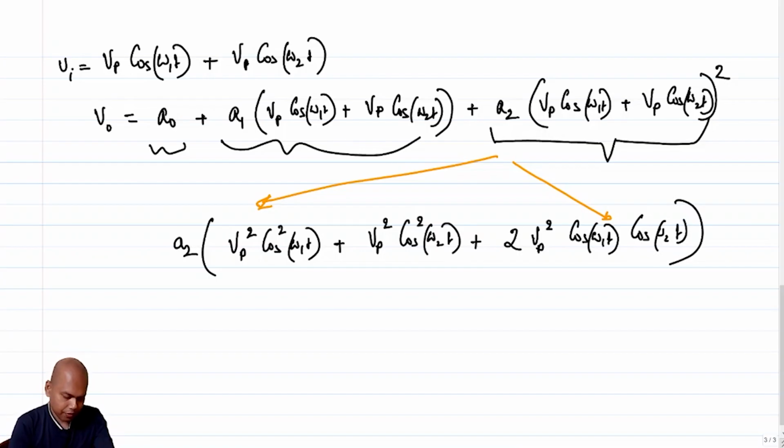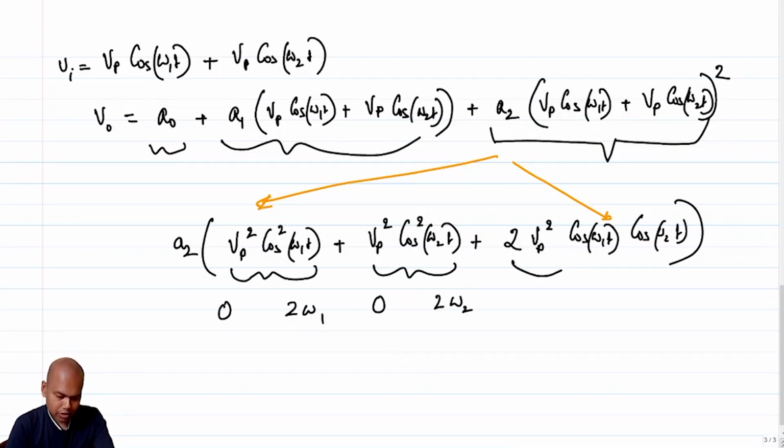And further, we understand that this will be broken down into one DC term and one term at 2 omega 1. This will again break down into one DC term and one term at 2 omega 2. But this term is going to break up into 2 non-DC terms.